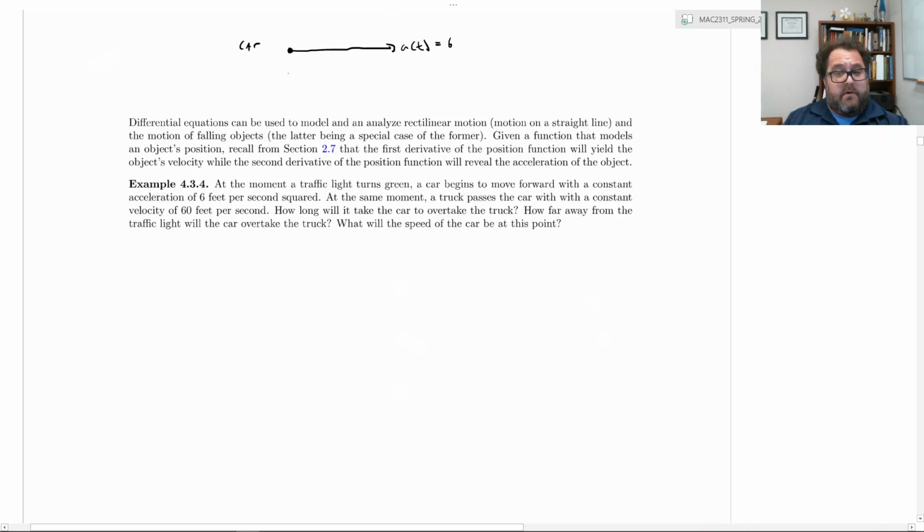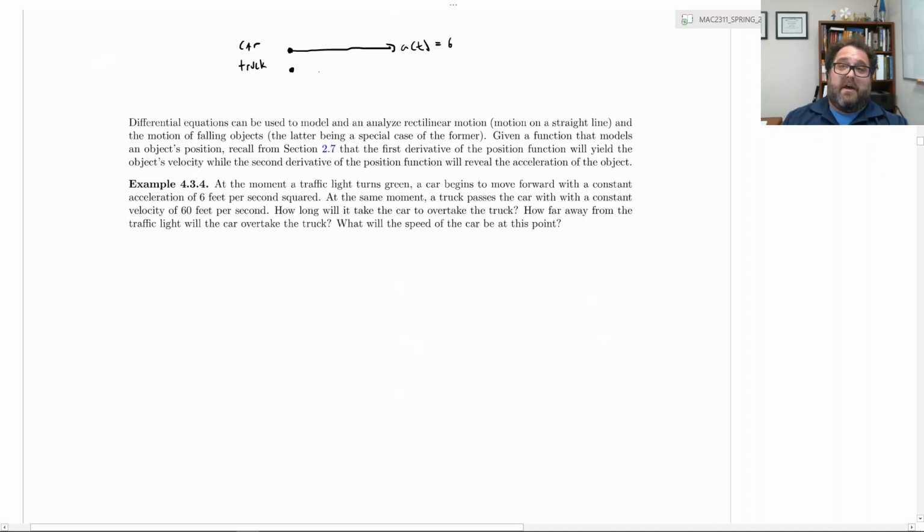At the same moment, a truck passes by the car with a constant velocity of 60 feet per second. So you have a car and a truck. They're briefly right beside each other at the moment where the red light turns to green.